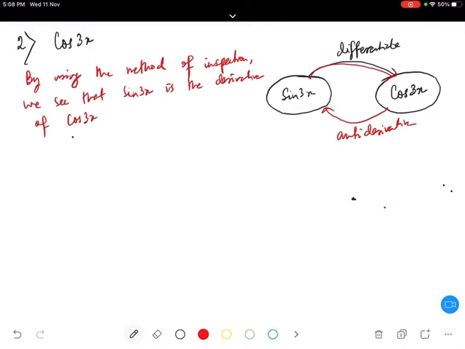Now I will differentiate sine 3x. So d/dx of sine 3x is what? It is cos 3x times the derivative of 3x, and the derivative of 3x is 3. I will not take too many steps, I will just write 3 in there.